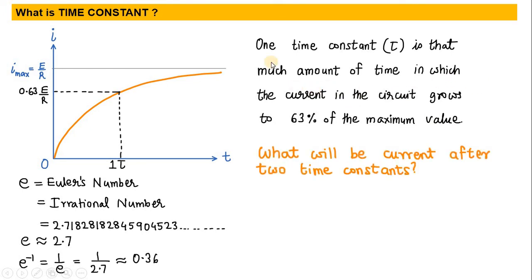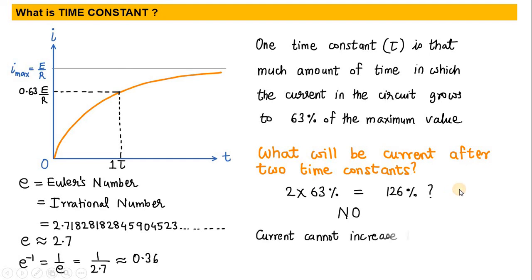Now, as we have understood that in one time constant the current rises to 63%, what will happen after two time constants? Will it be 2 times 63%, that means 126%? Obviously not, because current cannot go beyond 100%. From the graph also you can see that at the second time constant the value will still be less than 100%.